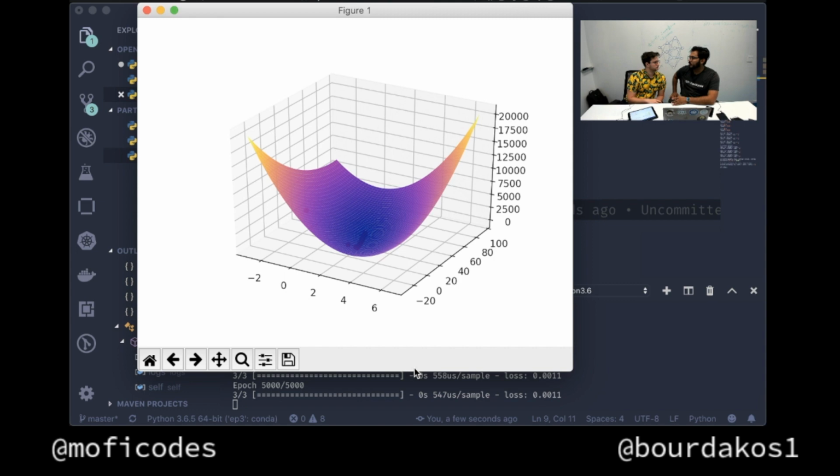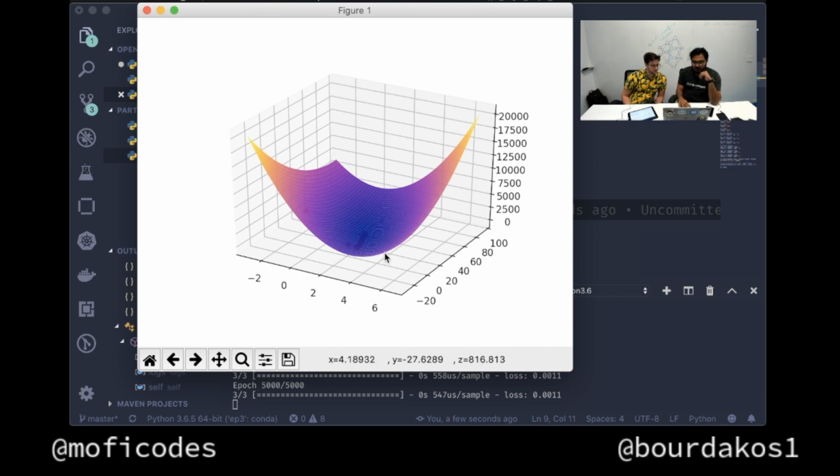Technically we could have done 2,000 and reached a similar result because it's a 10 times faster learning rate. So yeah, 50,000 probably would have been great for the other one. It would have probably gone to 0. As you can see, this is where we started off, and we took a giant step to right here. And then the steps start getting smaller and slower because the slope isn't as big.